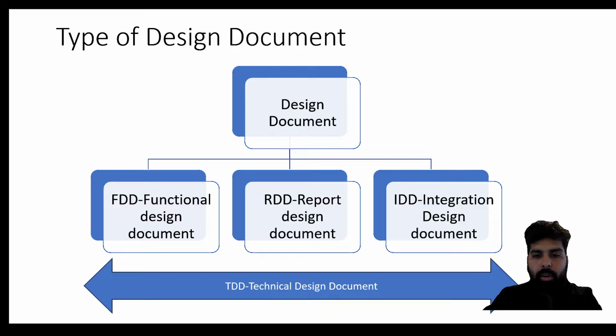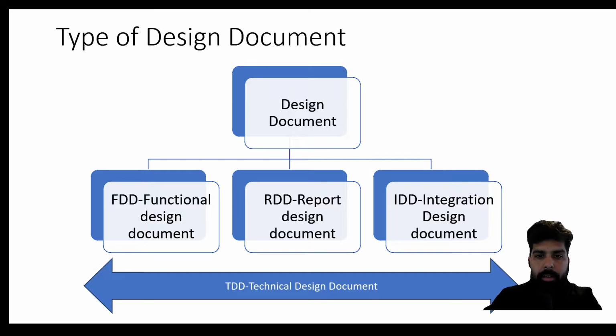All these documents have most things in common. Most of the sections will be common, but due to the nature, there are a few sections which would require additional information or additional consideration to be documented. So we can categorize the design documents in these three broad categories.